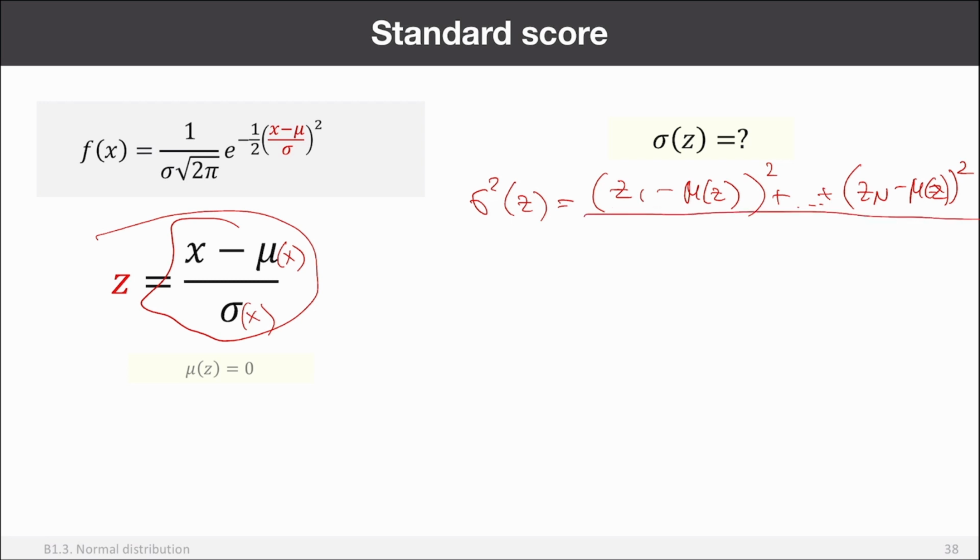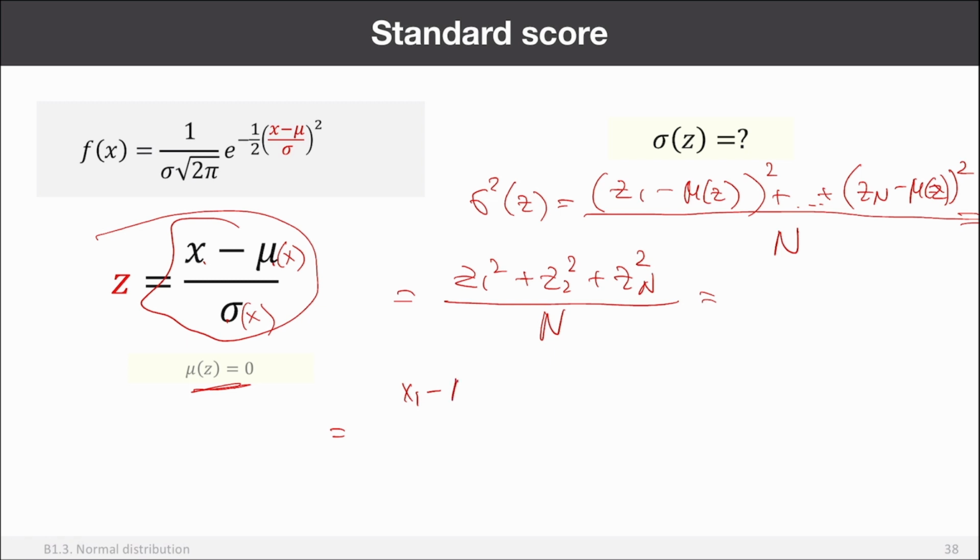But we already know that mu of z is equal to 0, we just derived it before. So it will be the same as simply z1 squared plus z2 squared plus zn squared divided by n. But now recall that z1 is x1 minus mu of x divided by sigma, so we can write it like this.